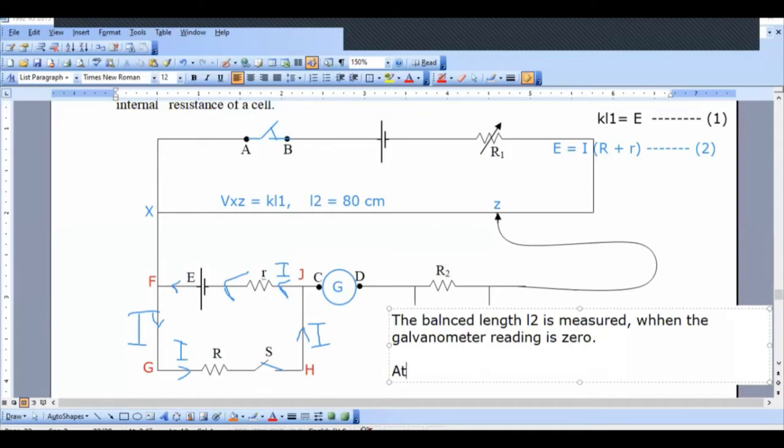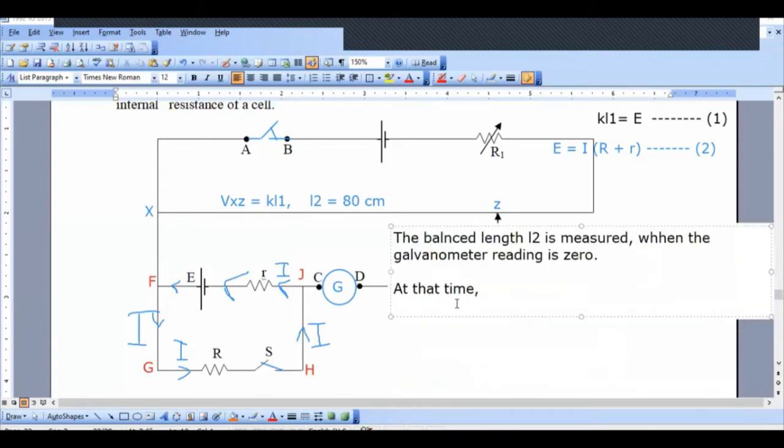So at that time, Vxz equals Vfj. Got it? Vxz is always, as usual, K into L2, equals Vfj. Here Vfj is the potential difference between F and J.